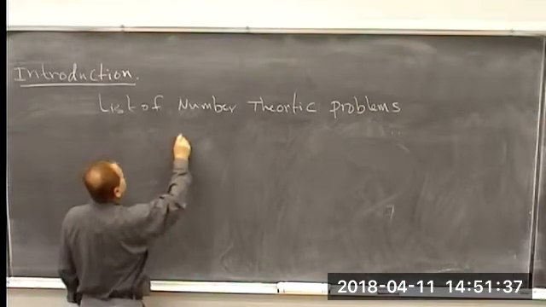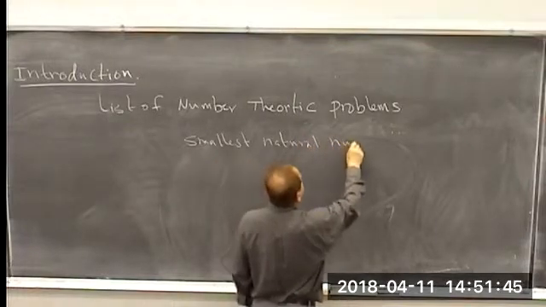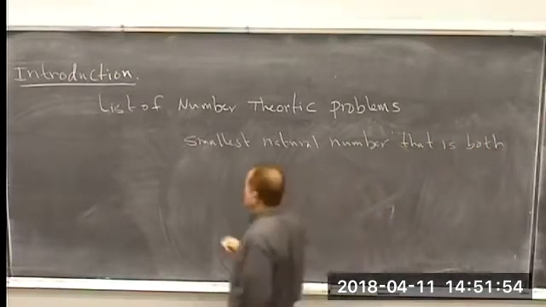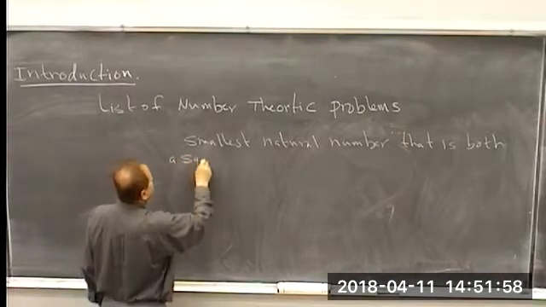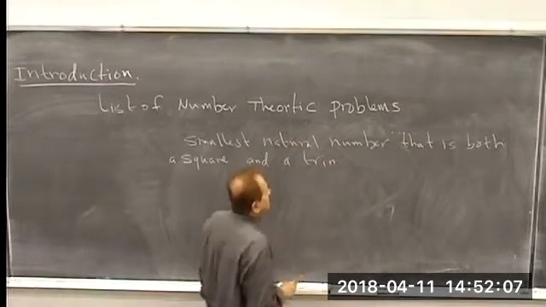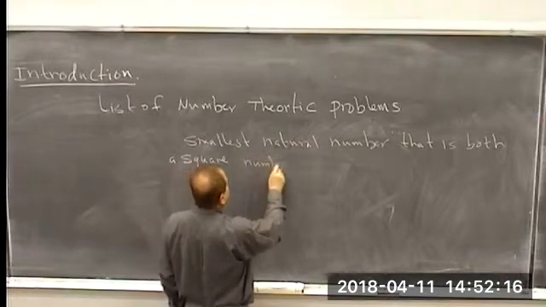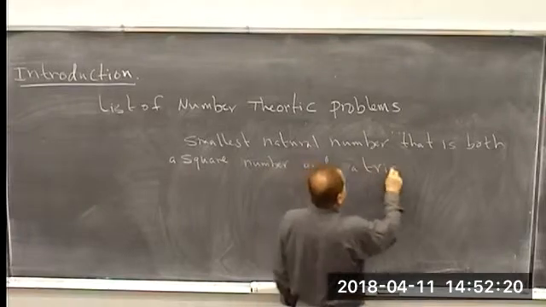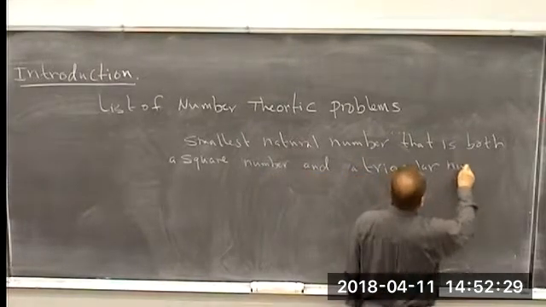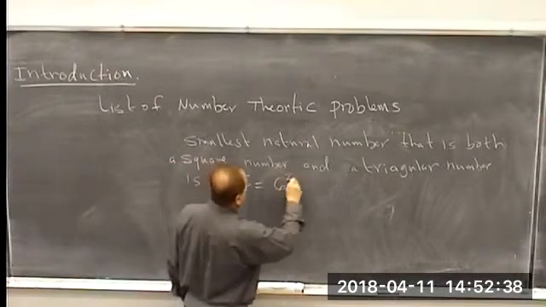The smallest natural number that is both a square number and a triangular number is 36, which is 6 squared.